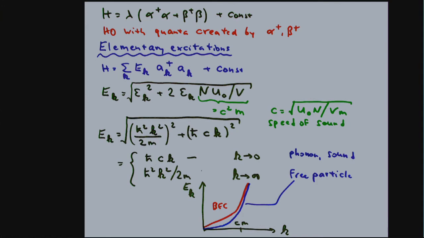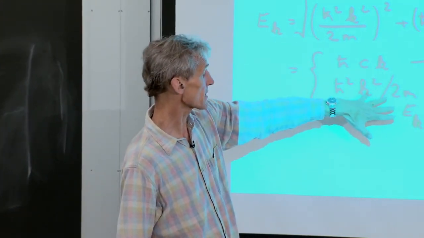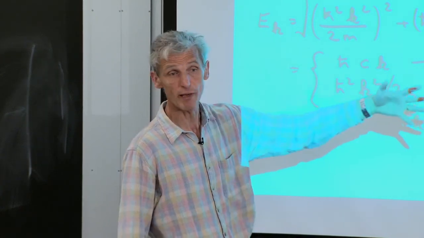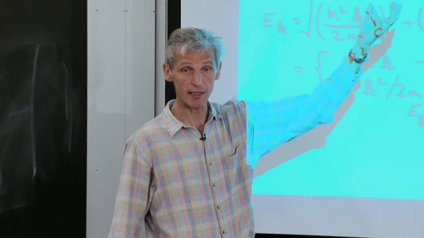Our Hamiltonian is now, you can say, a harmonic oscillator Hamiltonian, or you can say it has become a gas of non-interacting quasi-particles. Each of those operators creates a quasi-particle, and the quasi-particle energy is E of k. And I explained to you that, as expected, the quasi-particle energy is simply that of particles with momentum h bar k for high momenta, because a high excitation in a Bose condensate is a free particle.